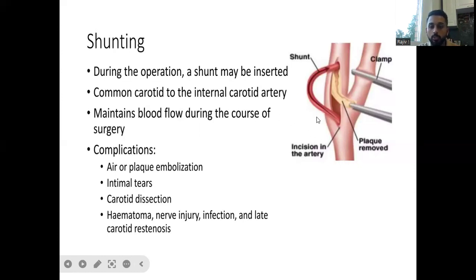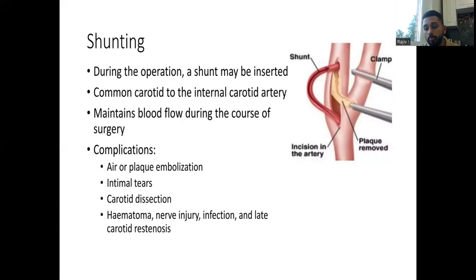But now this shunting is, during the operation, to maintain the blood flow, what you do is you place the shunt, you can see between the common carotid artery and the external carotid artery. And here where you have placed the clamp, right? Or above the internal carotid artery, you can place the shunt so that the blood flow is restored and no problem at all.